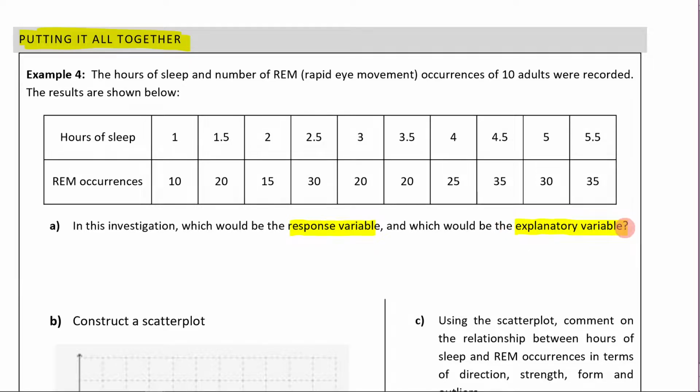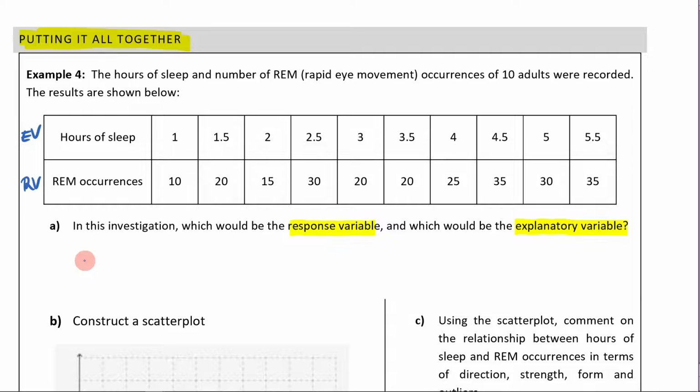Remember, when you're asking the question of which is the response and which is the explanatory variable, you're asking what is impacting or affecting the other one. So in this case, the hours of sleep is going to impact or affect your REM occurrences. So that means my hours of sleep is my explanatory variable and my REM occurrences is my response variable.